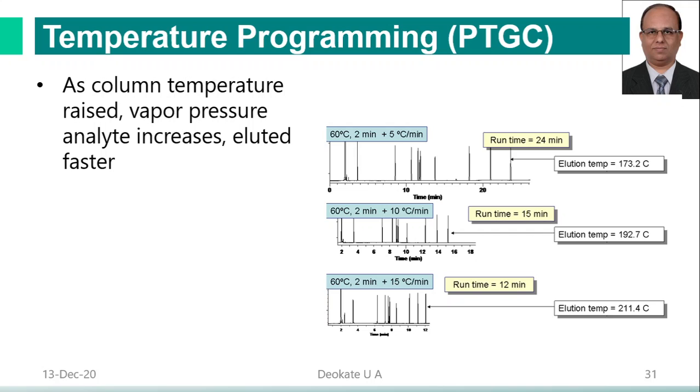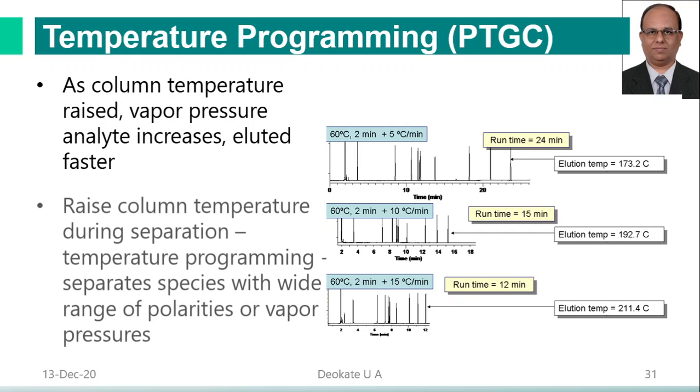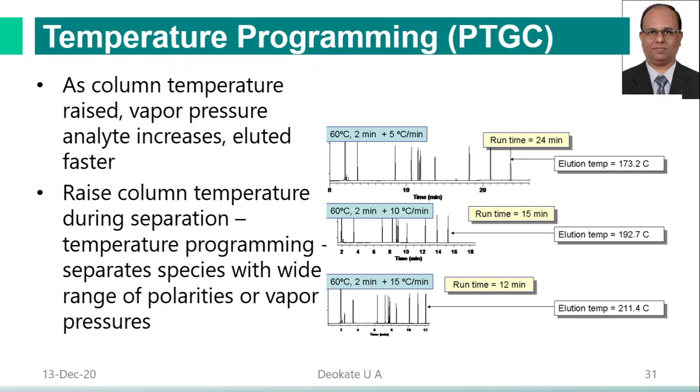As you go for the gradient elution, the retention time decreases and you get more resolved peaks. So by raising the column temperature during separation, temperature programming separates species with a wide range of polarities or vapor pressures.